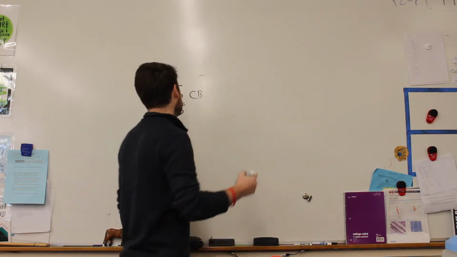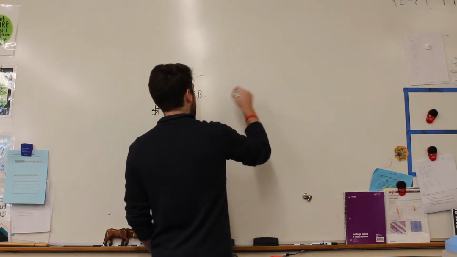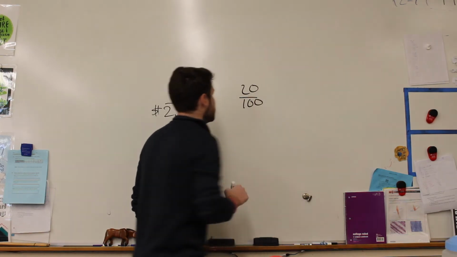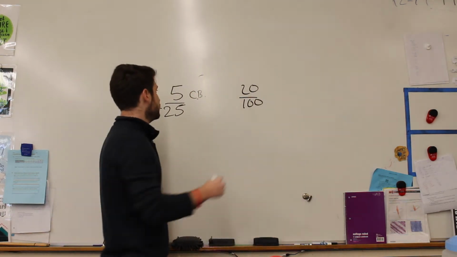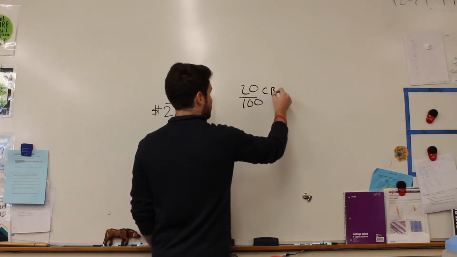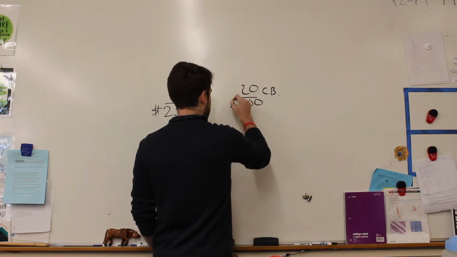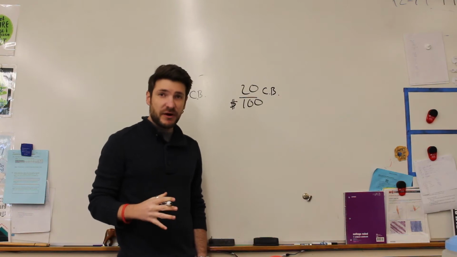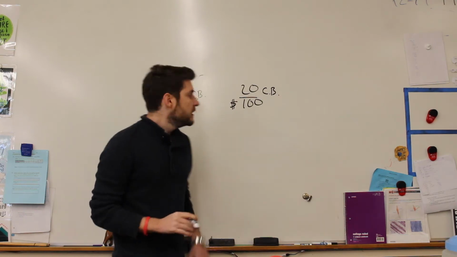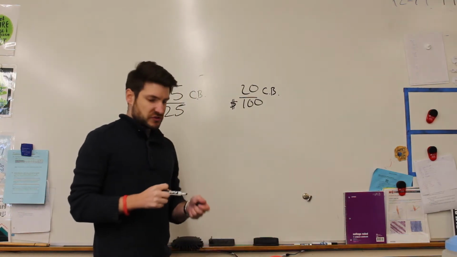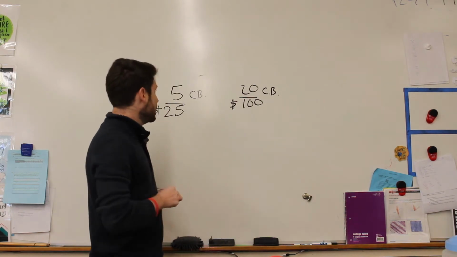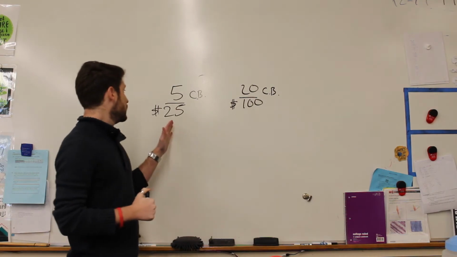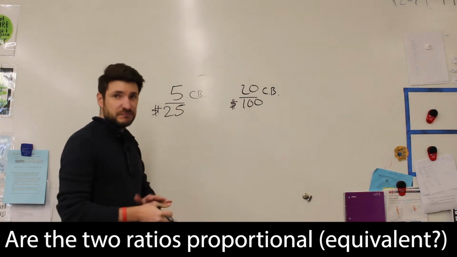Or you can have 20 over 100. You can buy 20 candy bars for $100. Again, really expensive candy bars, not the point. Are these proportional? You can buy 5 candy bars for $25 and 20 candy bars for $100. I think I said that right? I'm not sure. It's been a long break.